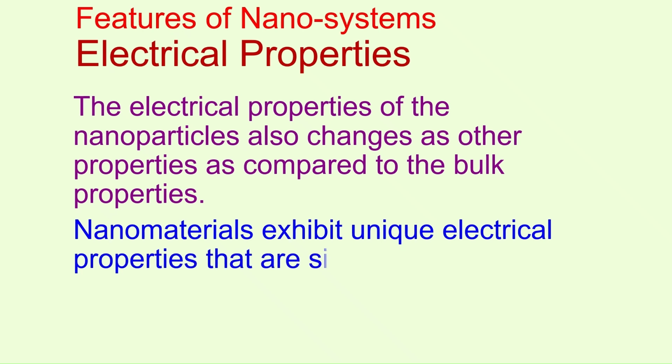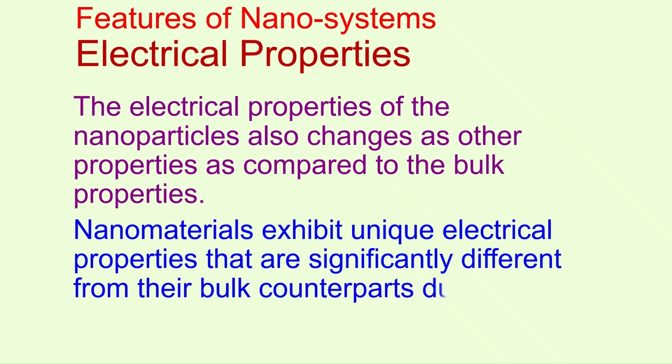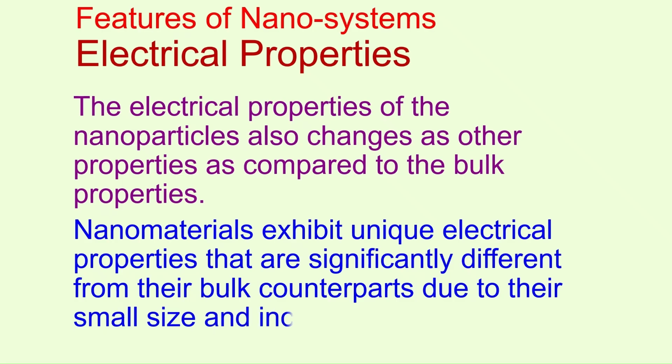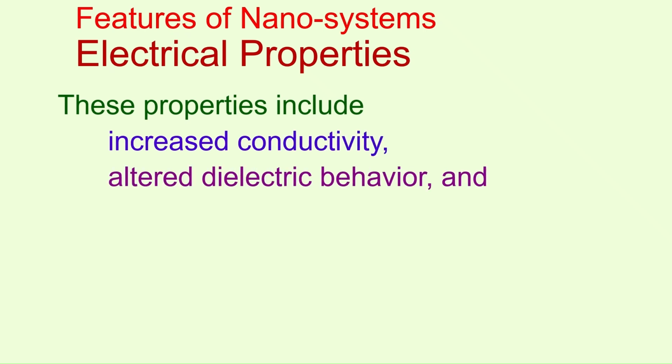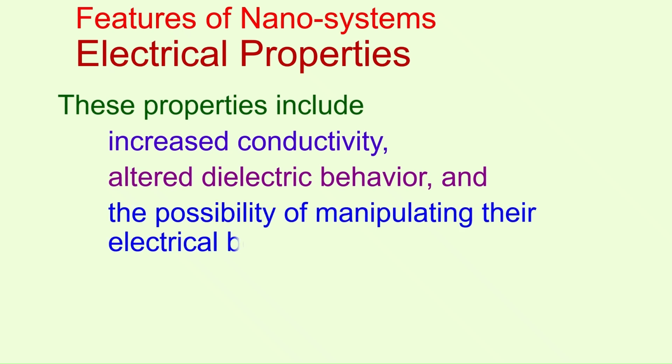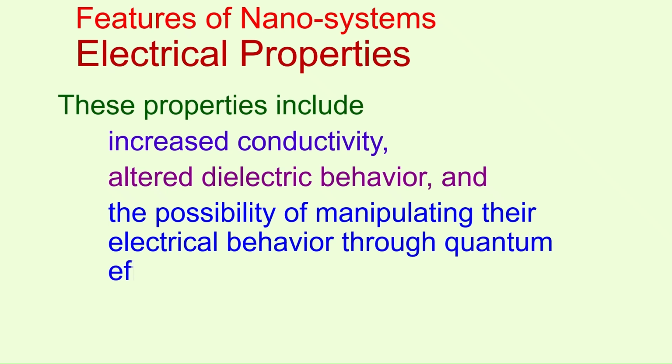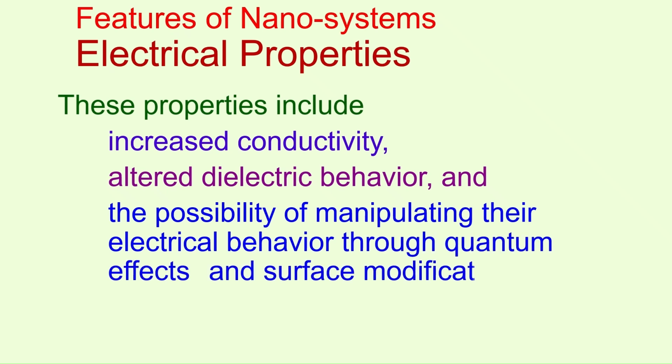Nanomaterials exhibit unique electrical properties that are significantly different from their bulk counterparts due to their small size and increased surface area. These properties include increased conductivity, altered dielectric behavior, and the possibility of manipulating their electrical behavior through quantum effects and surface modifications.